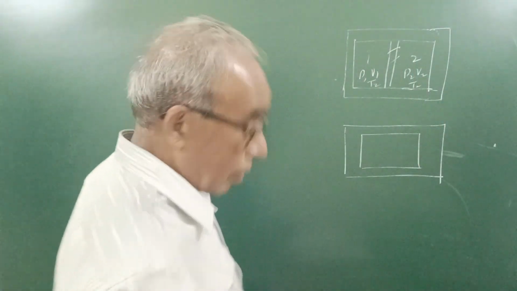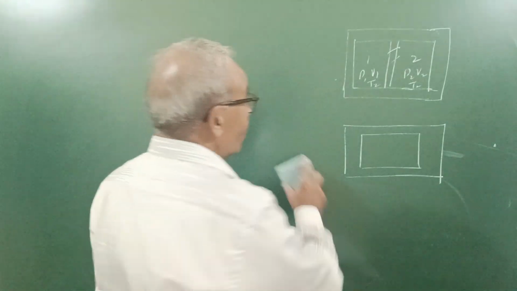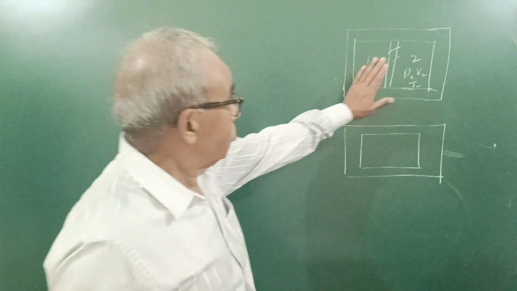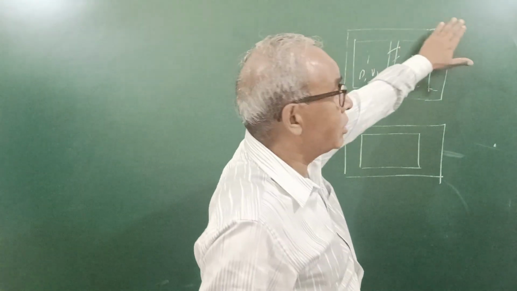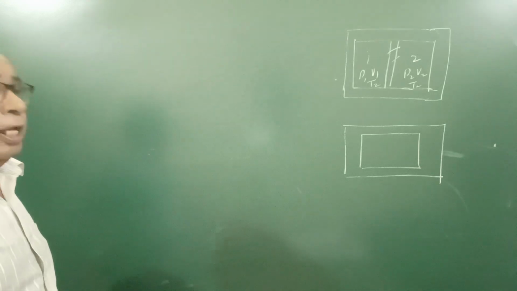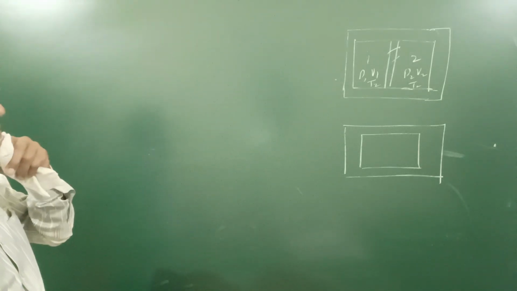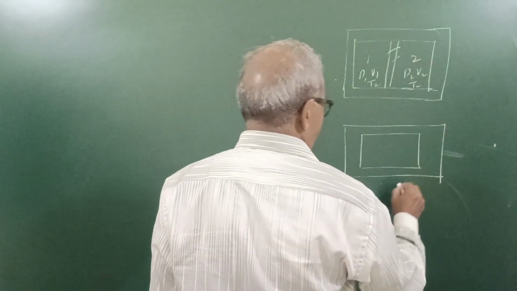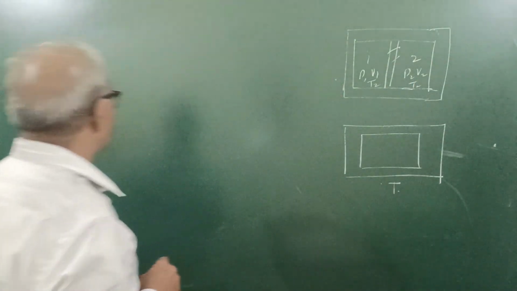This is a good question. So what is the temperature of the mixture? Because the gas is inside an insulated chamber, the internal energy will not change. If the final temperature is T, then see here.